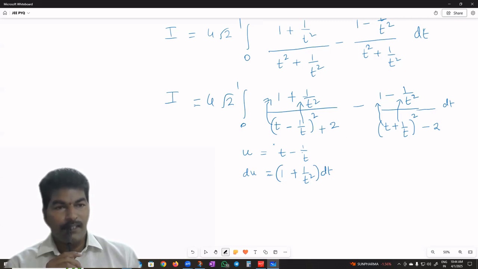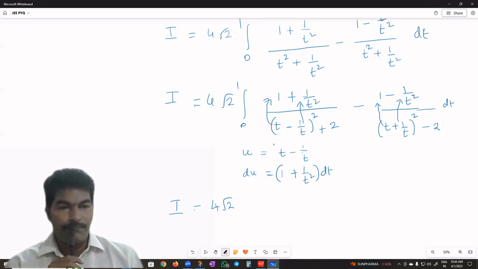If you substitute, later you can solve this lower limit and upper limit by substituting respectively 0 and 1. So the first part is, if you write 0, then it will be minus infinity. If you write 1, it will be 0 for the first part. So then it will be du divided by u square plus 2.